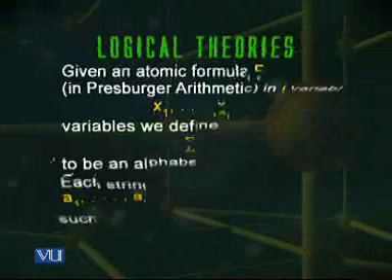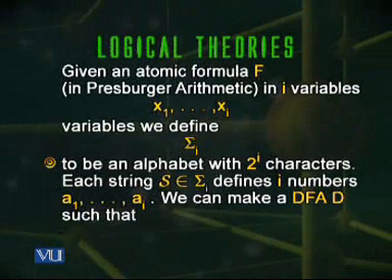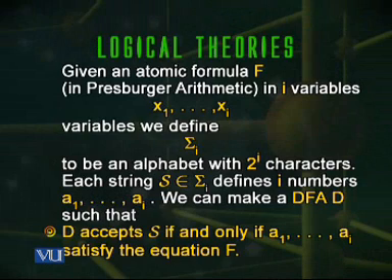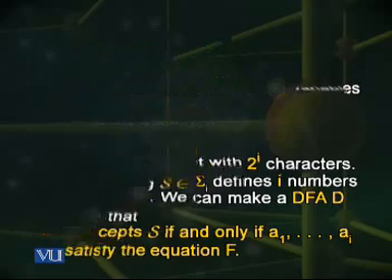This DFA will accept a string if and only if it corresponds to I numbers that satisfy this atomic formula. So our goal is to make a DFA D such that D accepts S if and only if A1 up to AI satisfy the equation F. As long as F is an atomic statement in Pressburger arithmetic, we can make a DFA that does this.